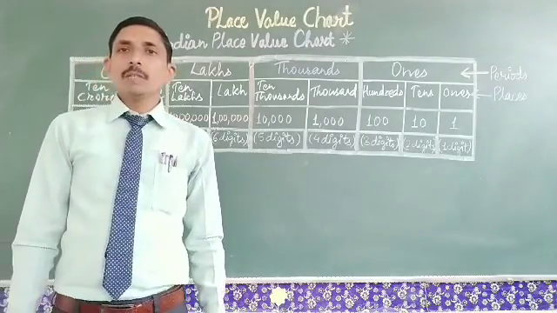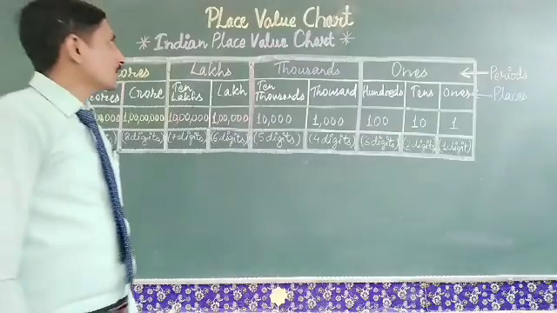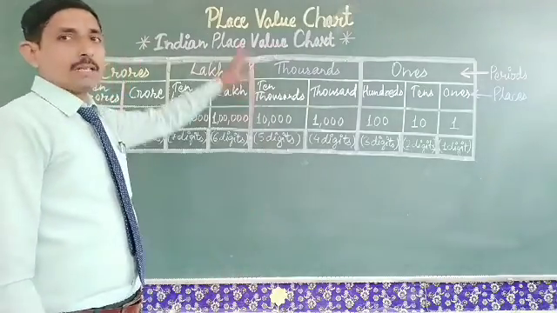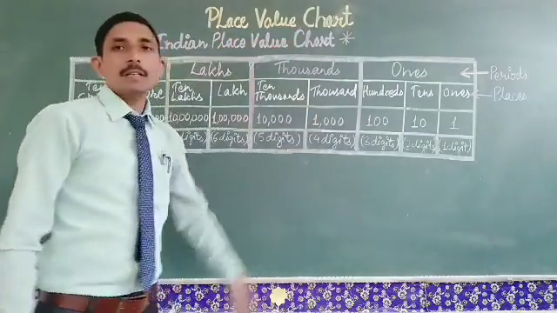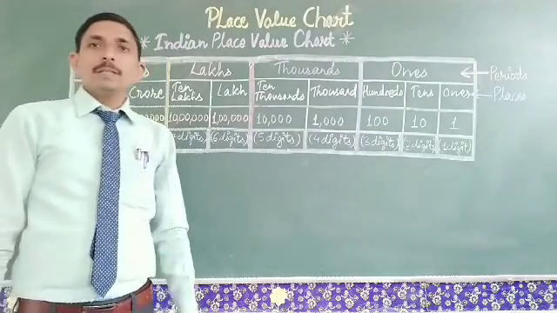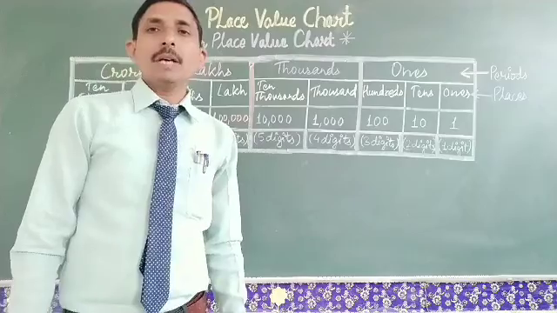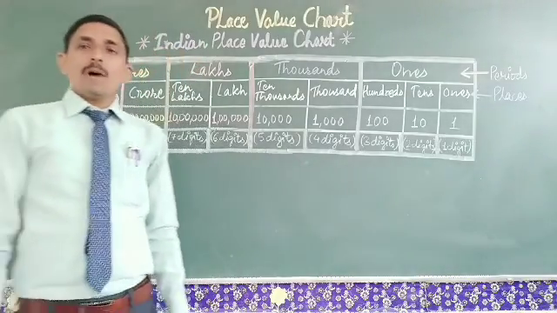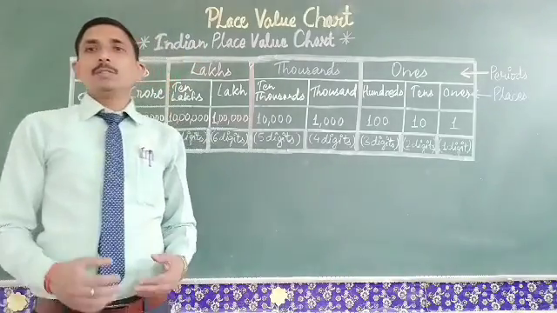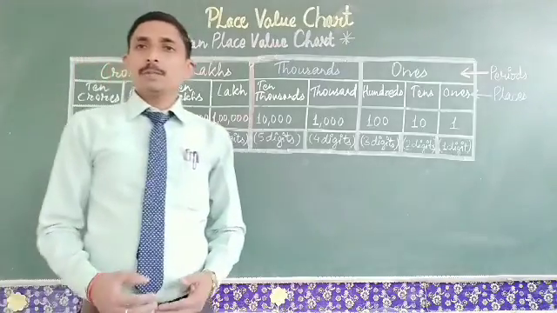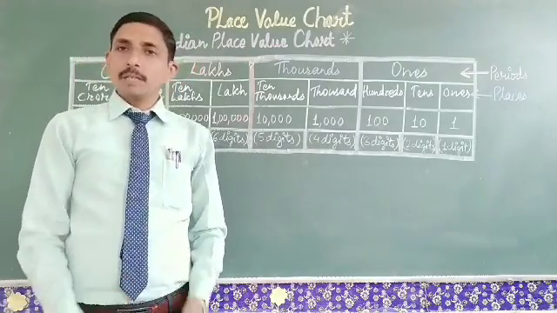Today we will learn about the topic place value chart, which is taken from chapter 1, Knowing Our Numbers. Yesterday we studied what is a natural number, what is a whole number, and what is face value and place value.